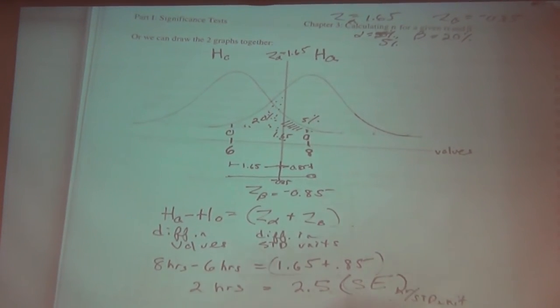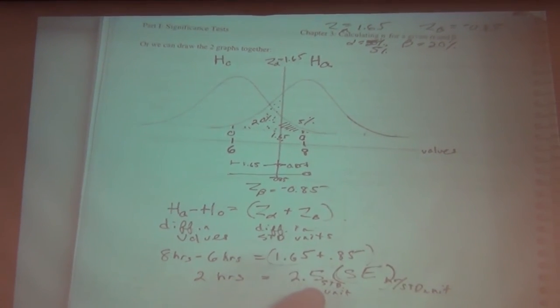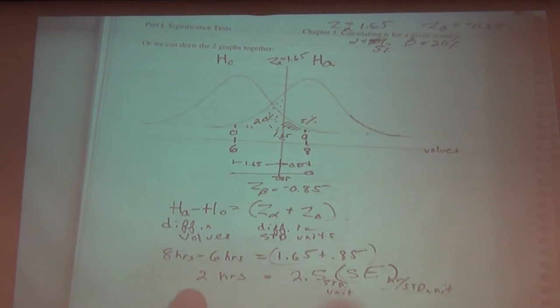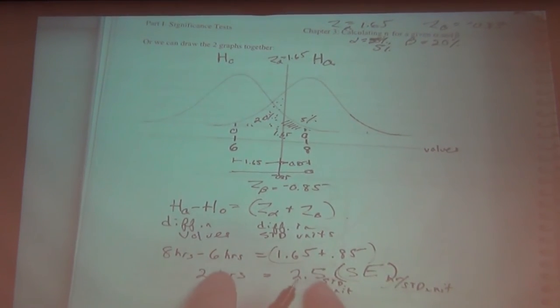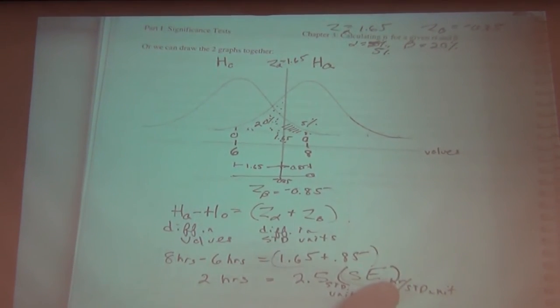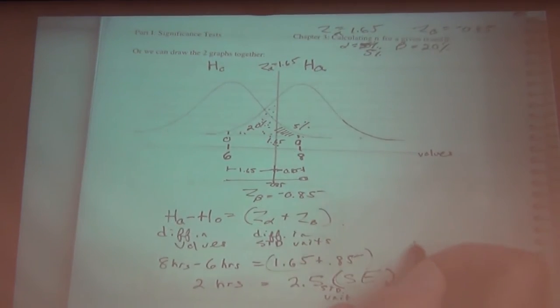That's all it is. These are unit free. We have hours, and we know these two, and basically this is our sampling error. It's for the average, and so it's standard deviation divided by square root of n.